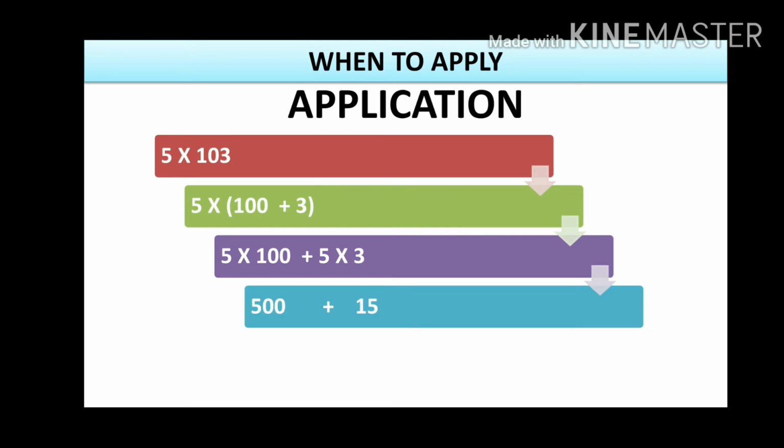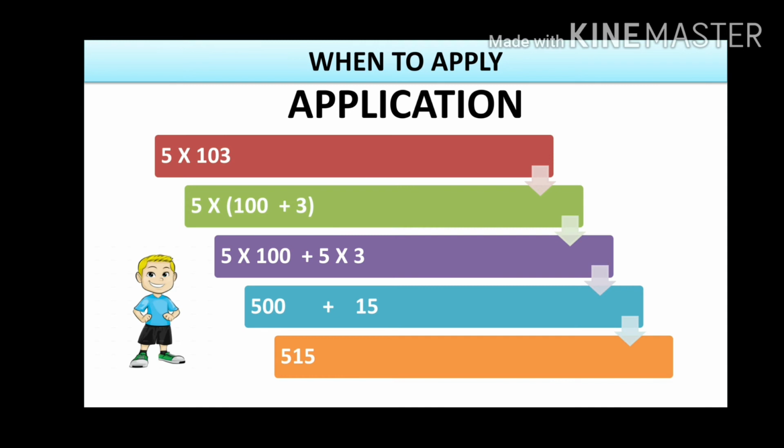So, that becomes 5 multiplied by 100 is 500 plus 5 multiplied by 3 becomes 15. So, 500 plus 15 is 515. That's Johnny's way. He takes all. So, 5 is outside, so he wants to take everything that is inside the brackets. So, 5 multiplied by 100 and also 5 multiplied by 3.